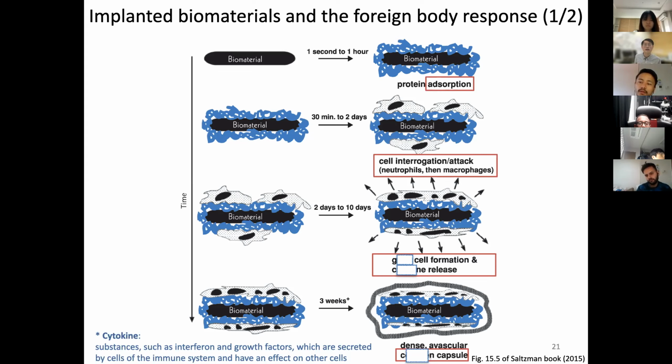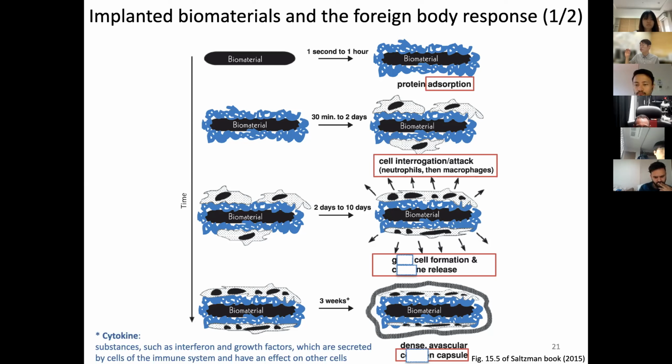So that's protein adsorption, and that's on a time scale of seconds to up to an hour. Very quick. And then within a day, what happens to this site? Within a day, inflammatory cells get in.